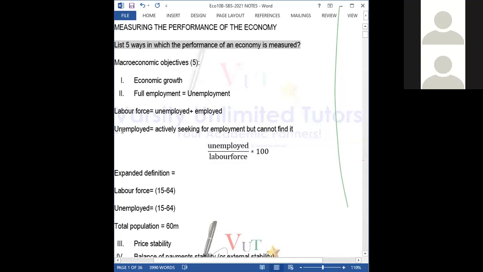There are various types of unemployment. We're going to be looking at those as we look at the subject of unemployment on its own and its various effects within the economy, which we're not really interested in right now. If you want to see whether the economy is performing well in terms of unemployment, a highly performing economy should not necessarily have any unemployment.